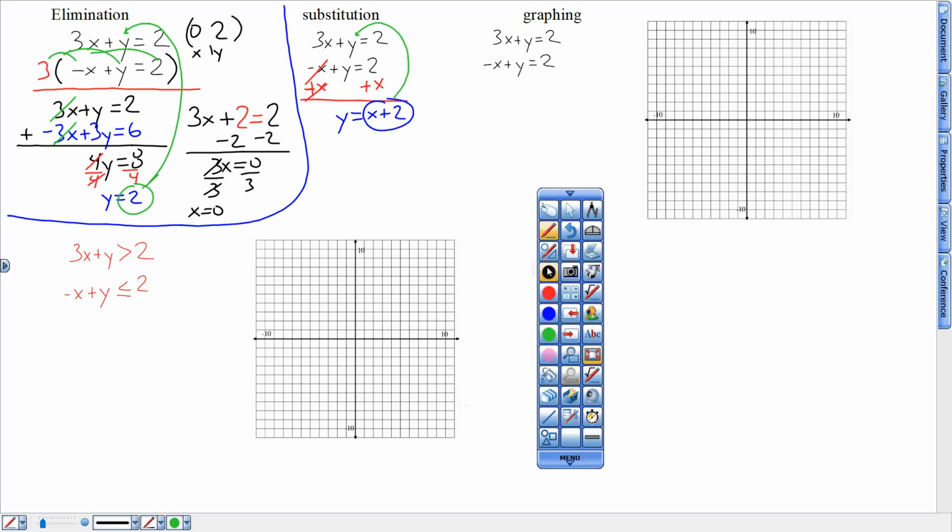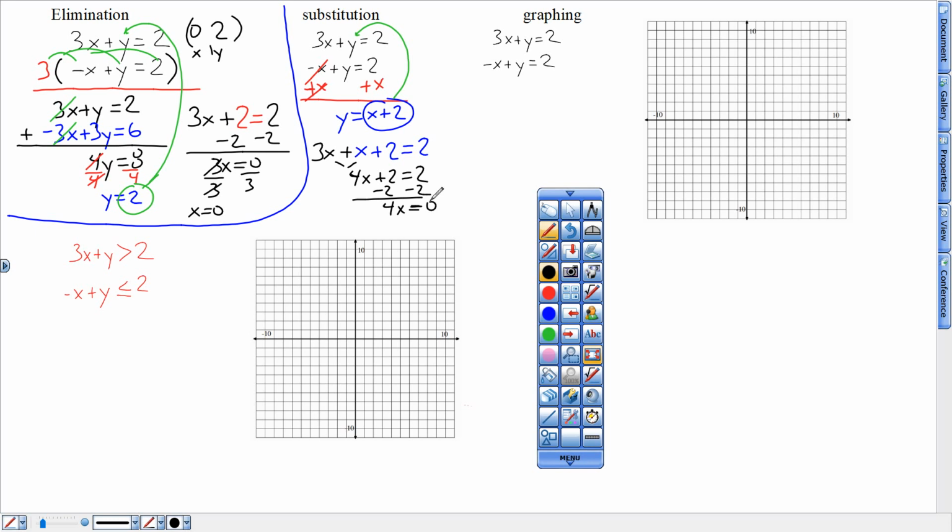So when I rewrite that, it's not going to be 3x plus y anymore. That y gets replaced with that x plus 2 piece, equal to 2. Combine like terms there, and I'll get 4x plus 2 equals 2. Minus 2 to both sides. That'll give me 4x equals 0.